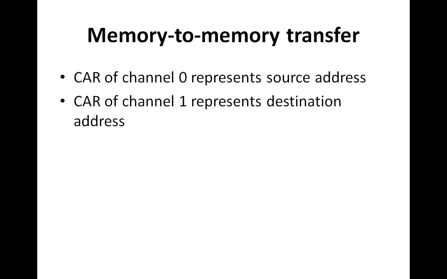So the content of the source address is first copied in the temporary register, and then in the next instruction cycle, the content of the temporary register is copied to the destination memory address.